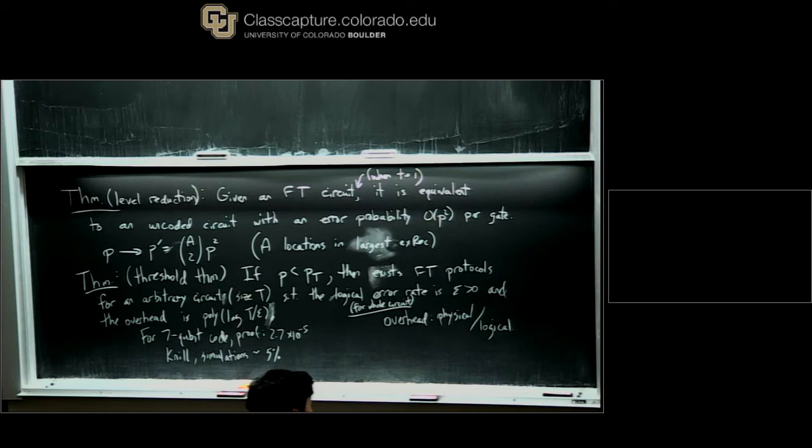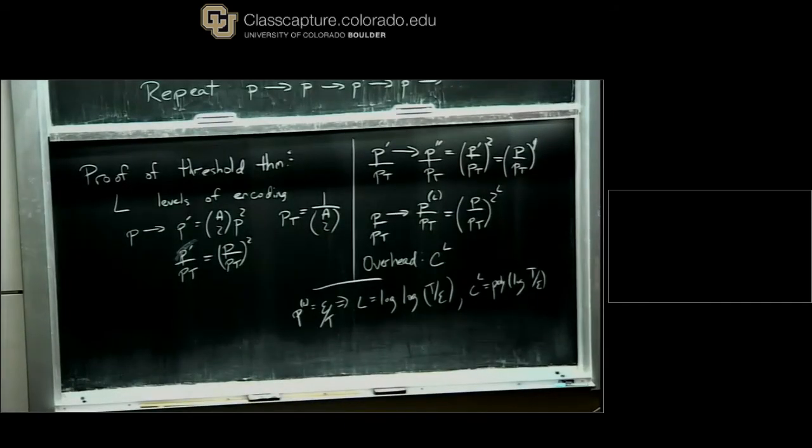Yeah? Can you remind me, are there any proofs of threshold for surface code, or it's all based on simulation? Certainly the 0.7% or thereabouts that you see is 100% simulation. No, actually that's not true. It's about 90% simulation and 10% hand waving.